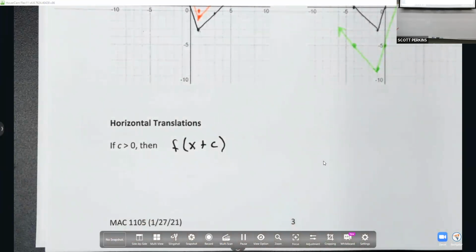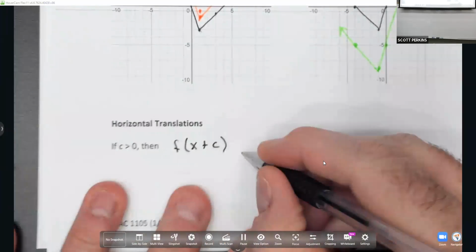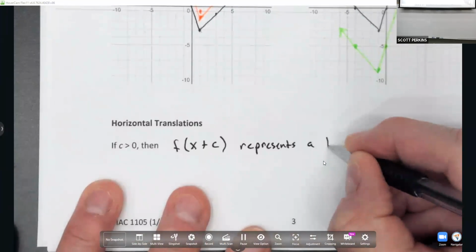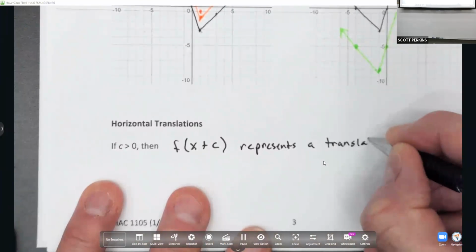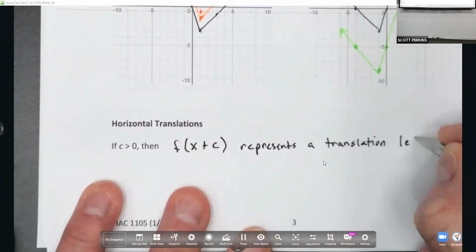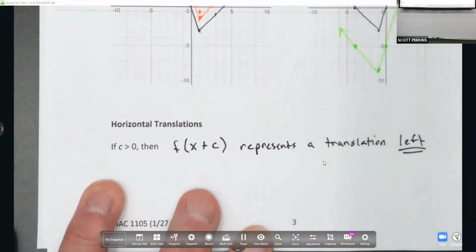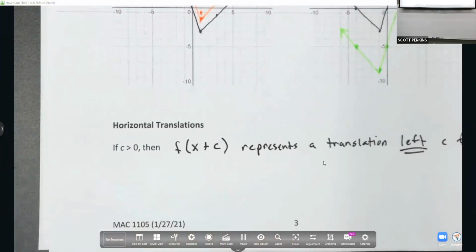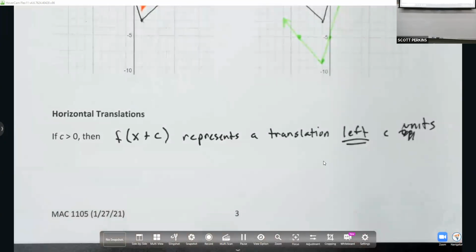That's what you would think, but what you have to do is unlearn that. When we're doing this, this represents a translation left in the negative direction, c units. So it's the reverse of what you would think just by looking at it.